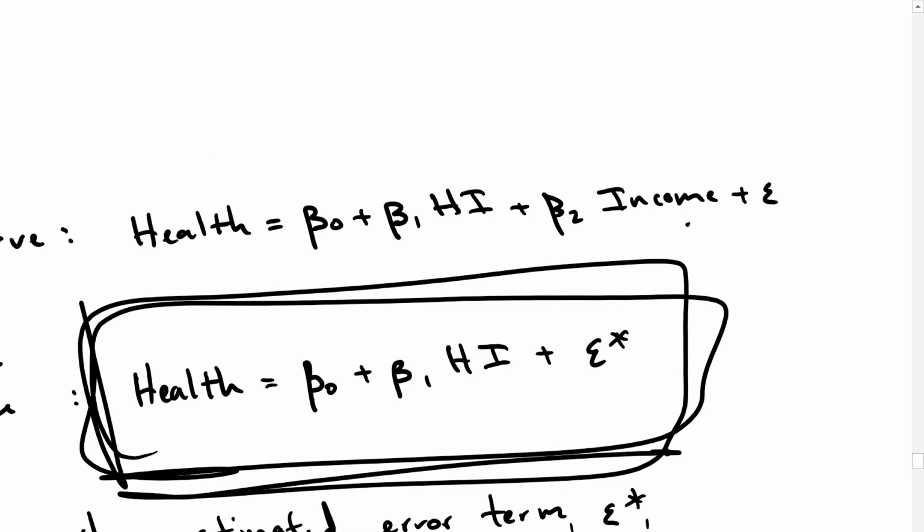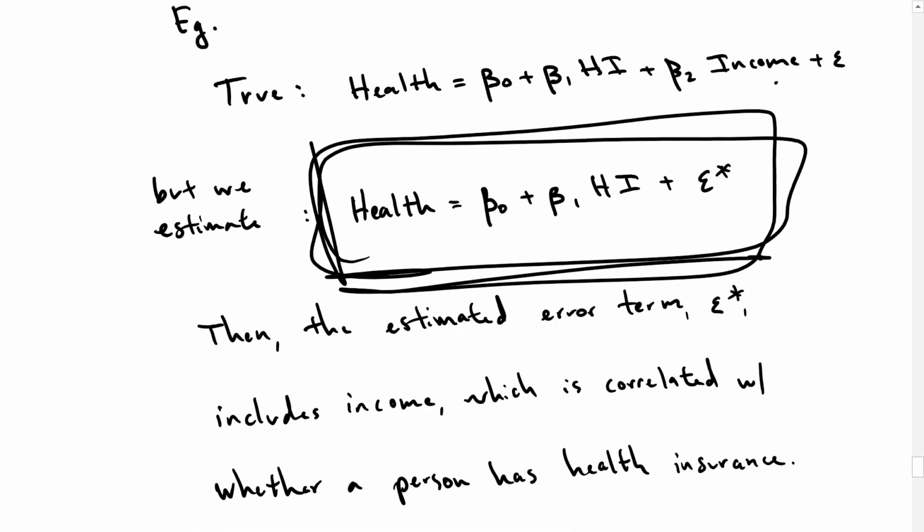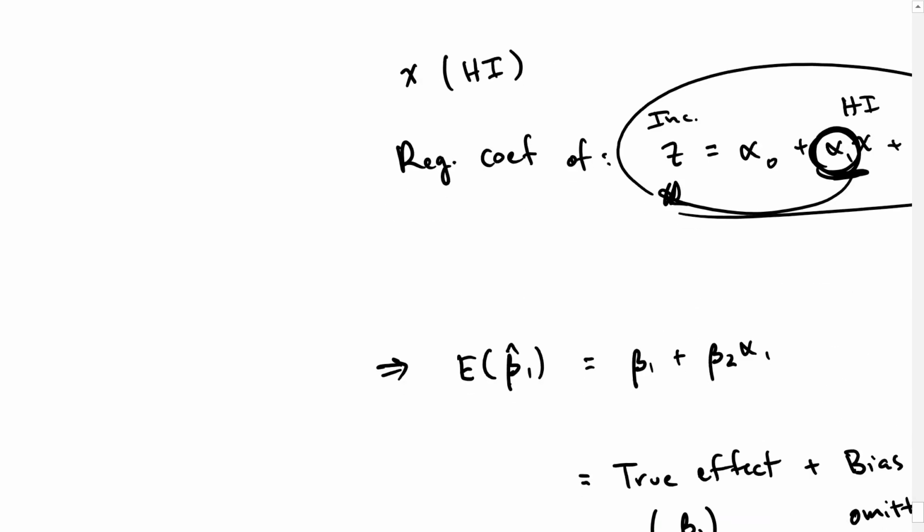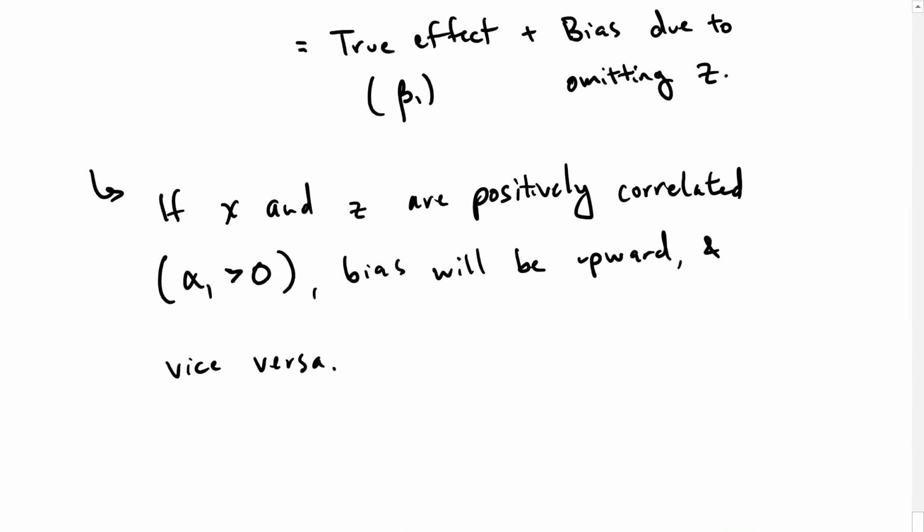Because if you omit them, then you will make it look like health insurance has a bigger effect on health than it actually does. So that's what's going on there.